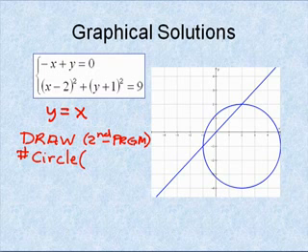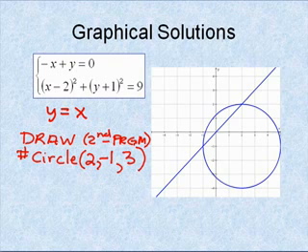You're going to put in h, which is 2, comma, negative 1 for k, and for your radius, you're going to put in 3. And don't forget to close your parenthesis, and then when you hit enter, the graph over here is what you should see on your calculator.